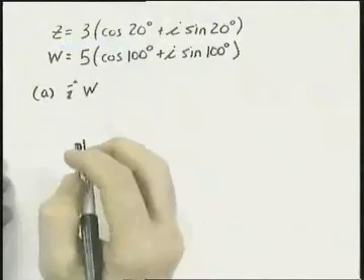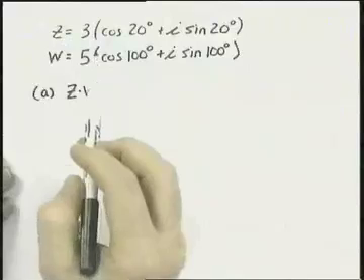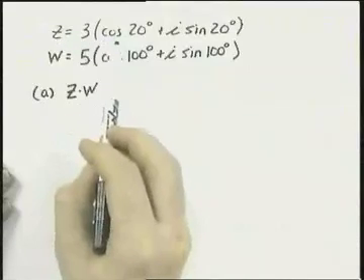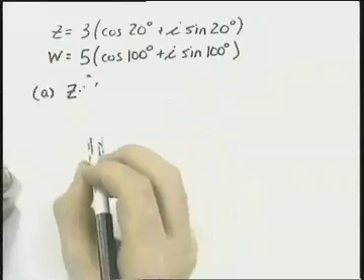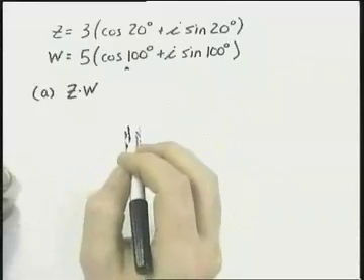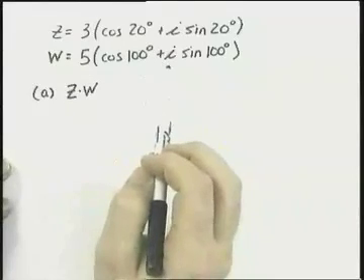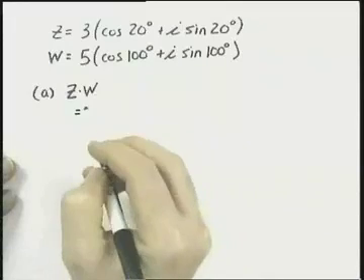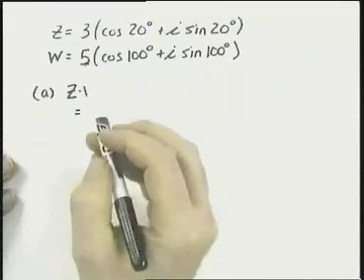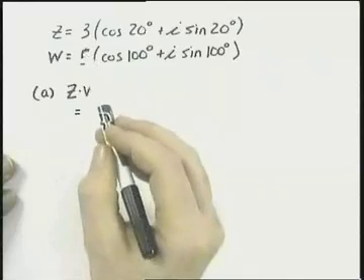So we're going to solve z times w, where z is equal to 3 times the cosine of 20 degrees plus I sine of 20 degrees, and w is equal to 5 times the cosine of 100 degrees plus I times the sine of 100 degrees. To find z times w, all we need to do is multiply the magnitudes.